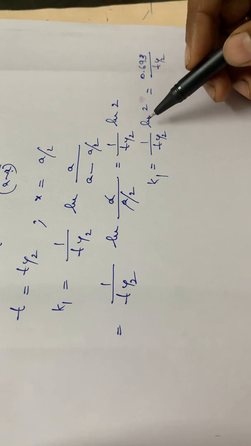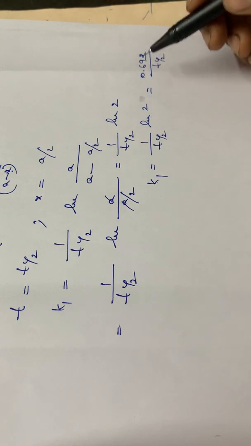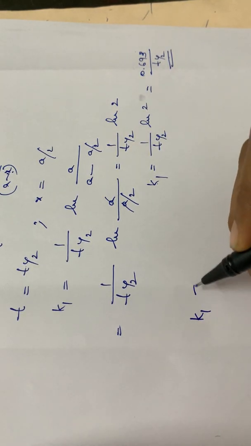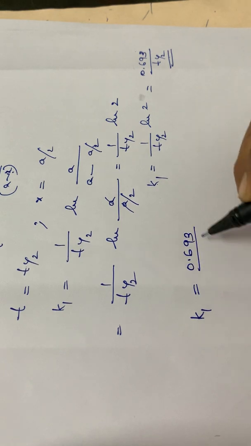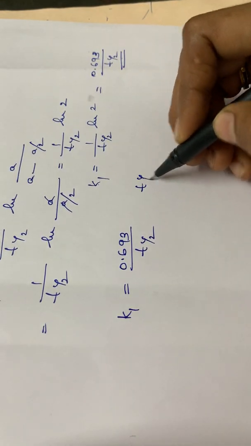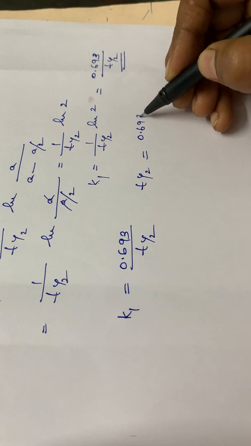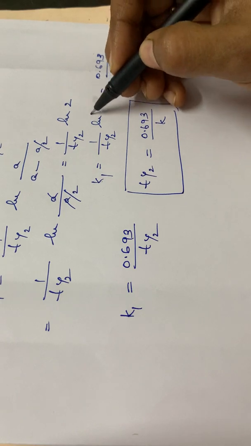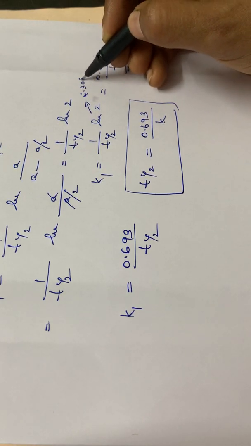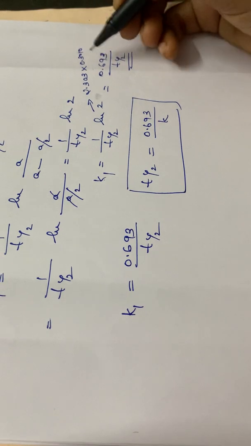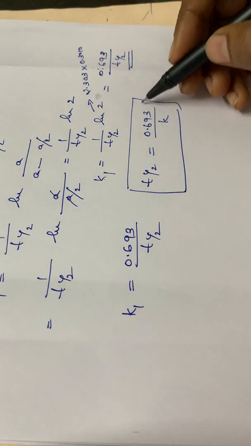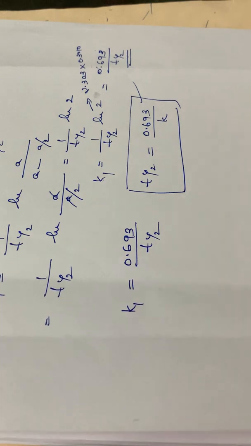That is how you get 0.693. So the rate constant K1 is equal to 0.693 by T half, or from this equation we can write the formula for T half: T half is equal to 0.693 divided by K. So this is the rate expression for the half-life period.